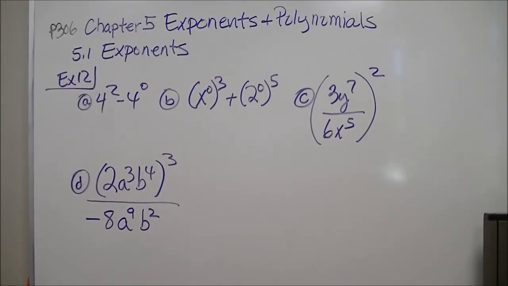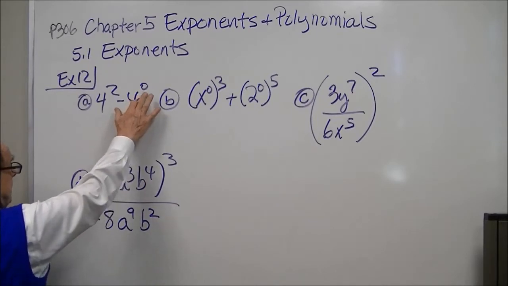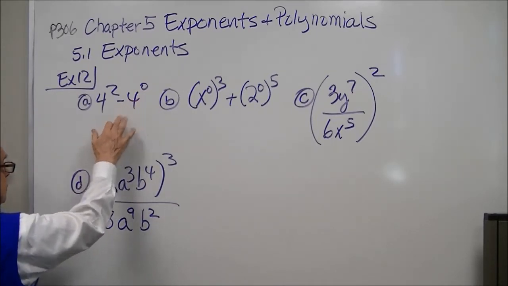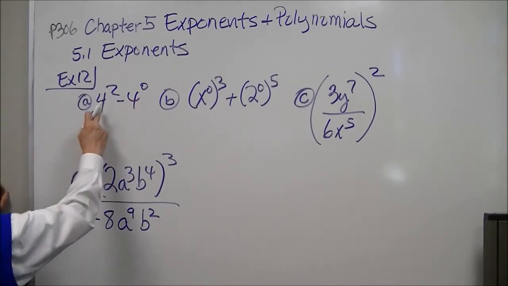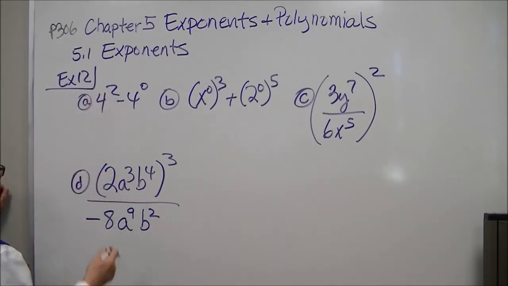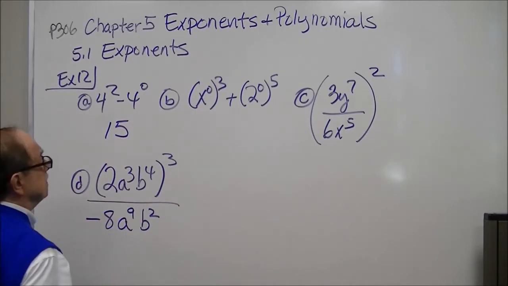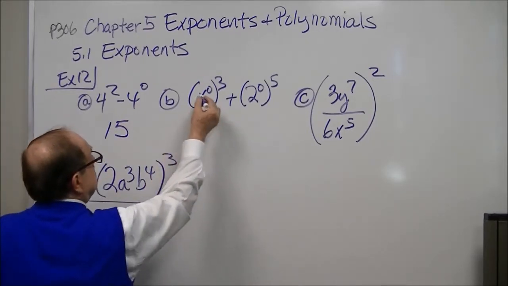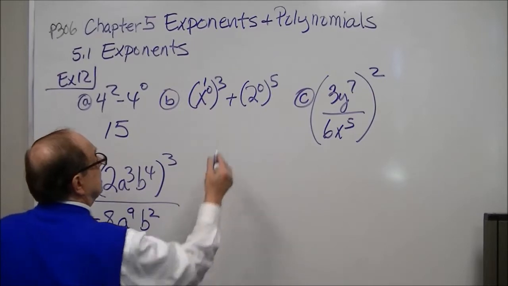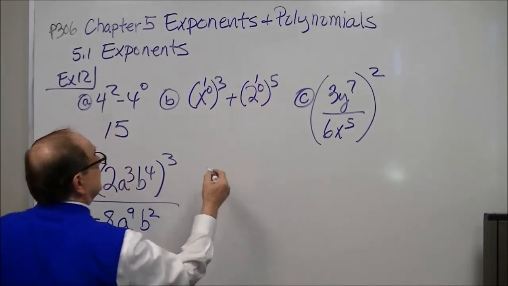Okay, going to our last example in our section on exponents. Here they're kind of testing us to see what's cooking. So remember, this is going to be a 1, negative 1. So 4 squared is 16, minus 1 is 15. Now in here, this is going to be a 1, and this is going to be a 1.